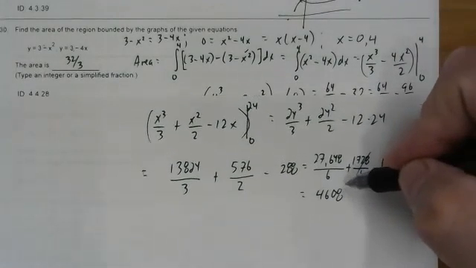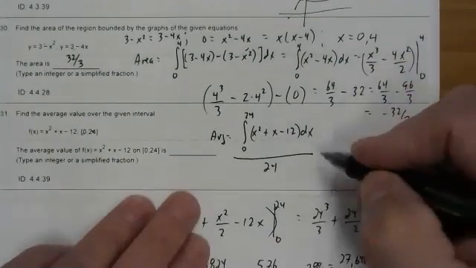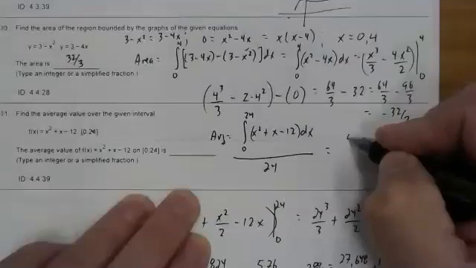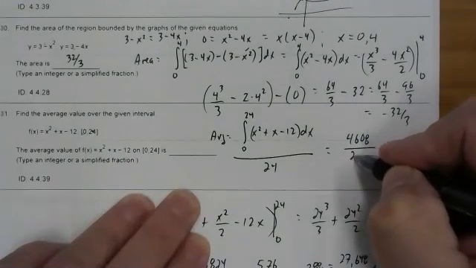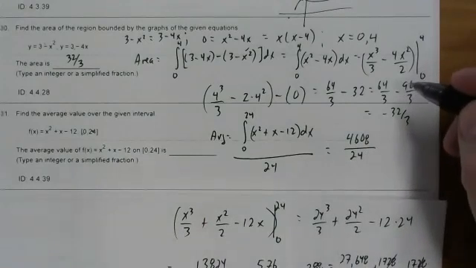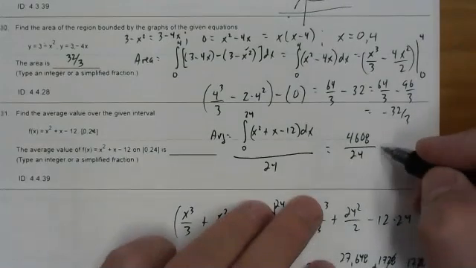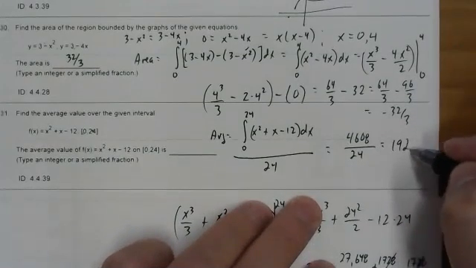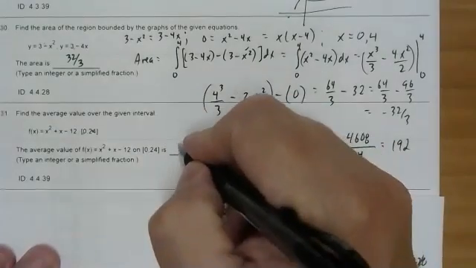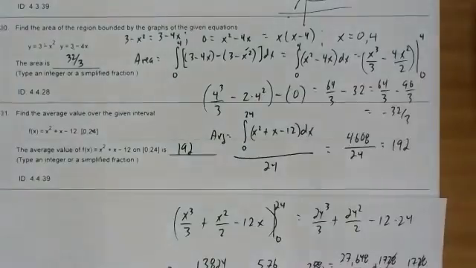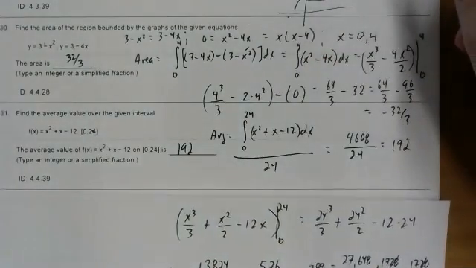But don't forget, this was just the integral part of this whole problem. So now 4608, I wonder if it is a number. It is. Wow. Amazingly enough, that's actually the correct answer. So that's how to figure out average values.